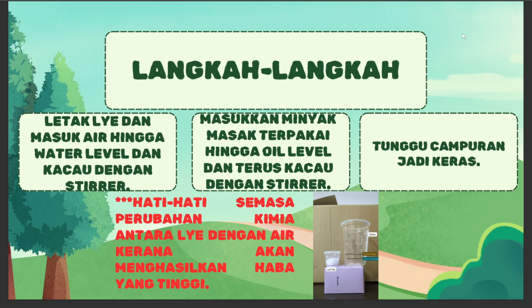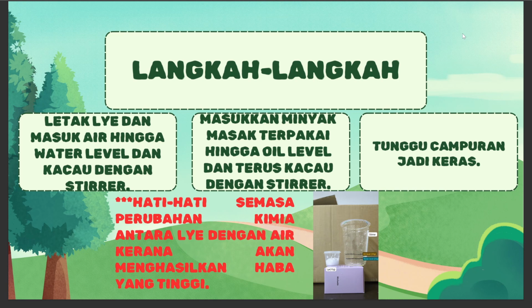Also, here is the step by step, because the container is different from others. For making the soap, we use a soap making kit with a certain ratio: lye is 10 gram, water is 25 gram, and oil is 25 gram. For the students, we will not have them do the measuring, right?